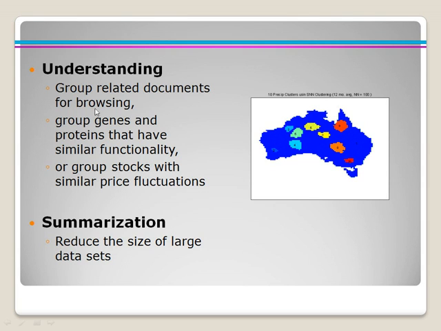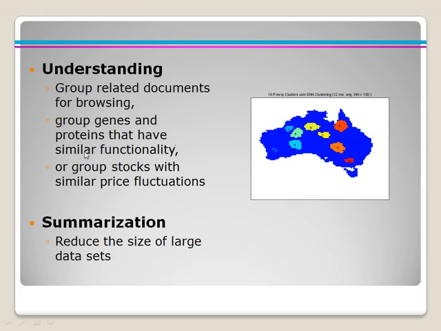Or maybe for grouping genes and proteins that have similar functionality, and this is also the future of bioinformatics, that in future you will have medicine based on the gene of the person. So it's a very hot and important topic.